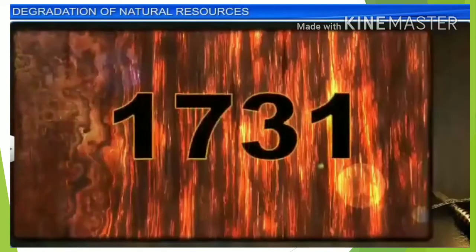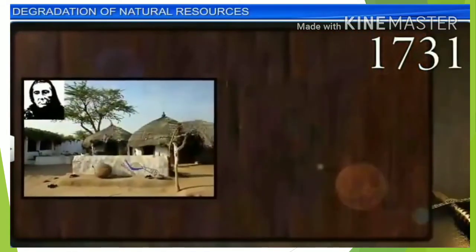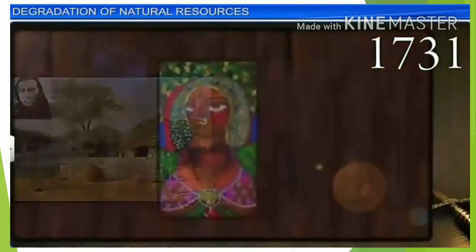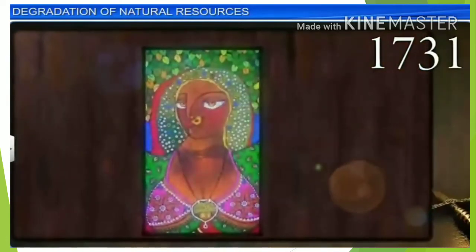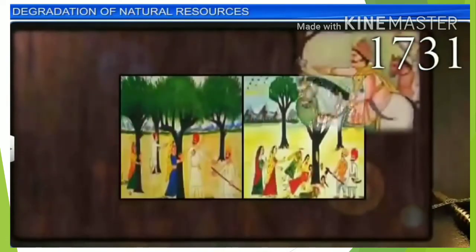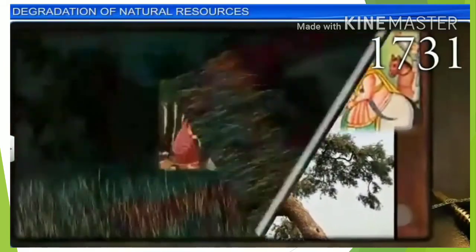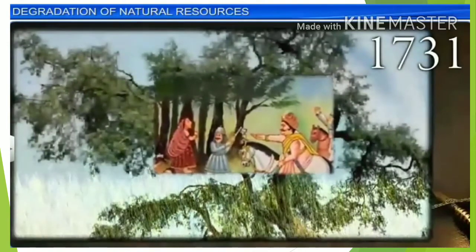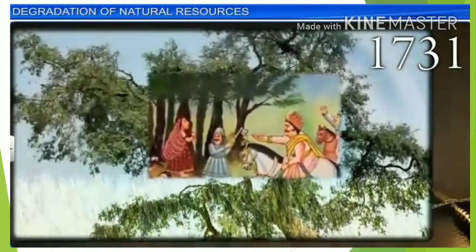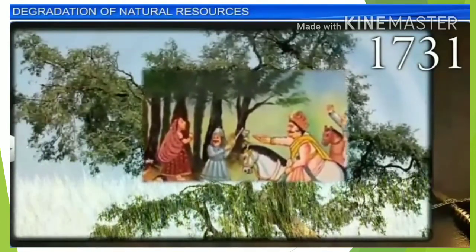In 1731, a Bishnoi woman named Amrita Devi showed commendable bravery by hugging a tree when the king of Jodhpur sent his men to cut trees for his new palace. She was adamant and defied the king's men, saying the axe would have to fall on her before they cut the tree.